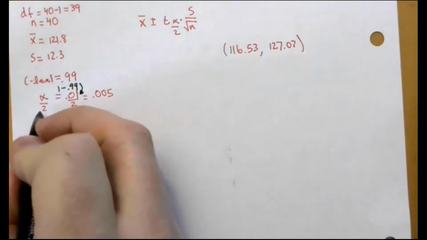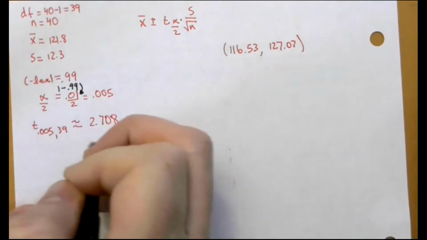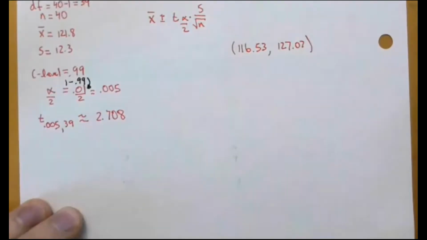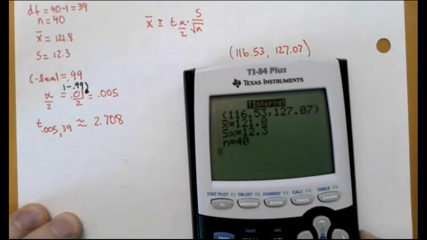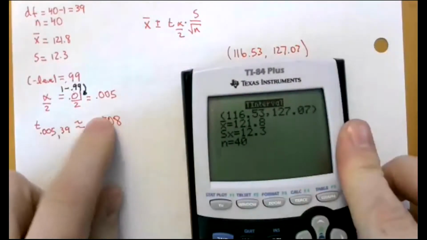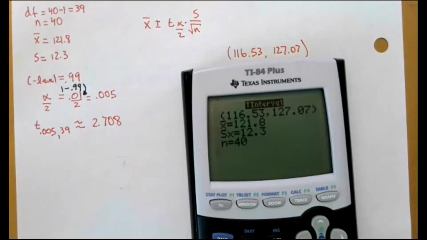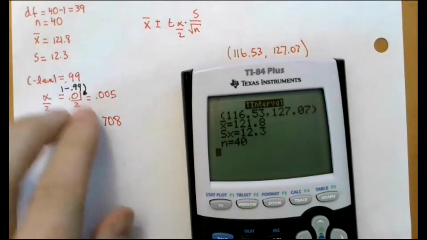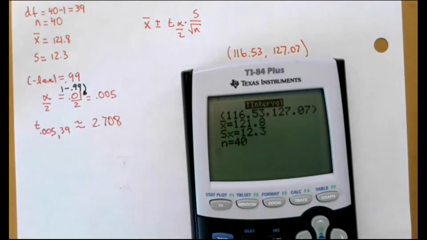But then I needed the half alpha, so I divided by 2 to get that. Now, did you notice nowhere in the calculator did we type that in? Right. So in terms of what we have to input for MyStatLab, we didn't have to find that at all. Okay, so 1 minus 0.99 is 0.01.